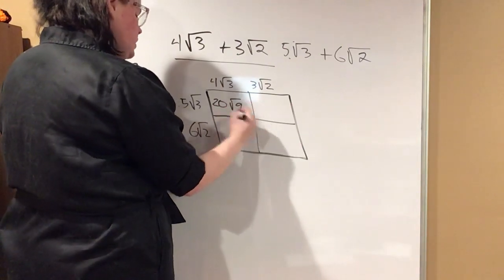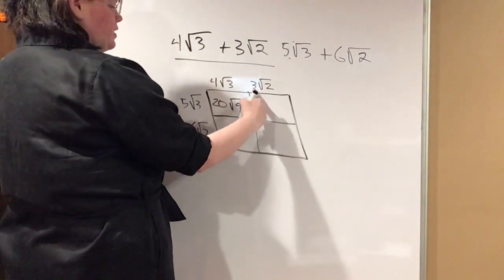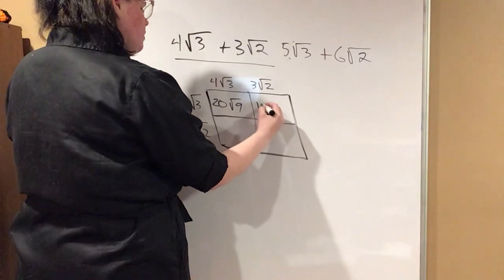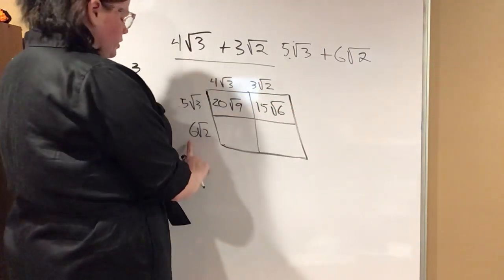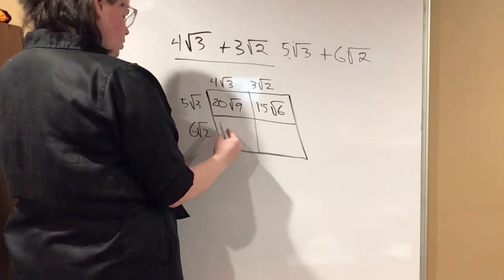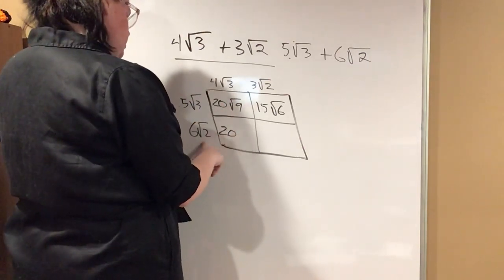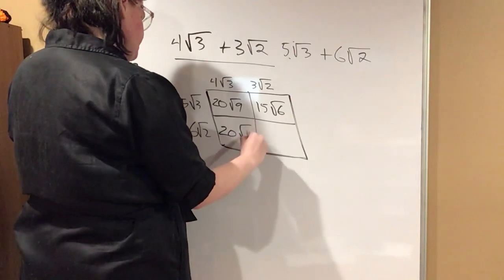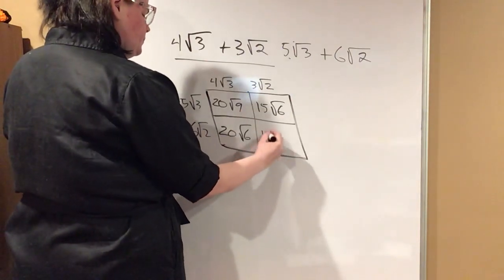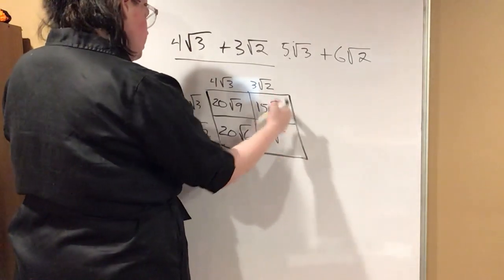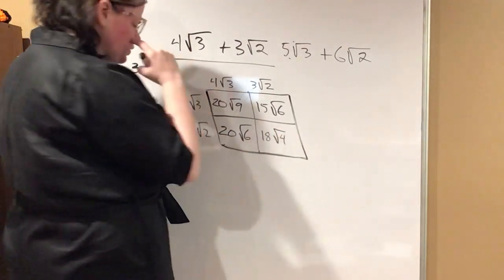Square root of 9 is 3 times 3. 5 times 3 is 15. 6 times 3 is 2, so square root of 6. 6 times 4 is also 20. 2 times 3 is 6. 6 times 3 is 18. Square root of 4 is 2 times 2.